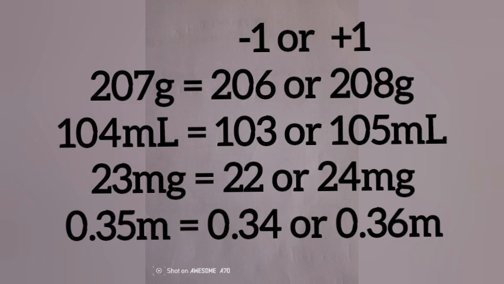Or a measurement was taken of a distance and is 0.35 meters. That measurement could also be 0.34 or 0.36 meters. So you see, the last digit could have been plus 1 or minus 1.